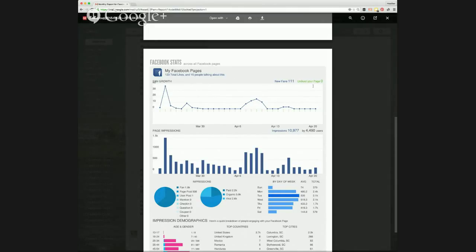Now you can see over here on the right, the number 0 indicates that there were 0 people who had liked the page but then changed their mind and unliked the page. And you can see via the graph that there were different times where the fans grew.